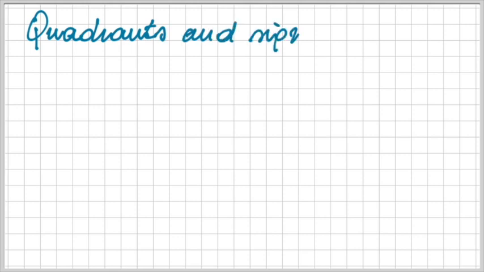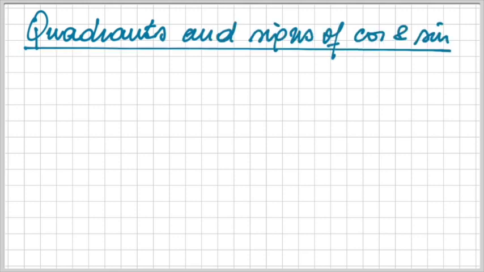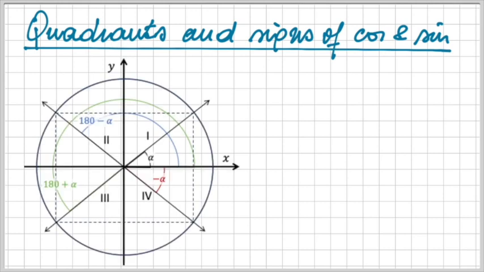When we look at the different quadrants, it's very important to understand what the signs of sine and cosine are. Here we have the trigonometric circle, and we see different values of alpha in different parts of the circle. First, alpha is between 0 and 90.